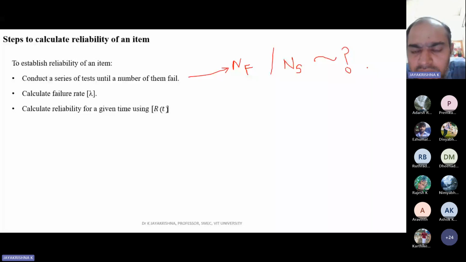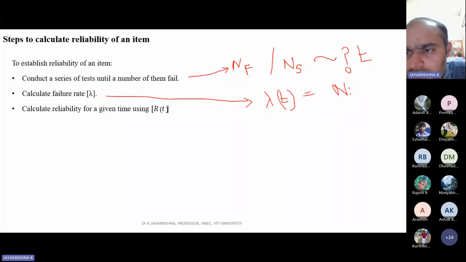Next, once I know the lambda value, with respect to lambda t, what can I do? I can go for number of failures divided by number of survivors into lambda t. Correct?